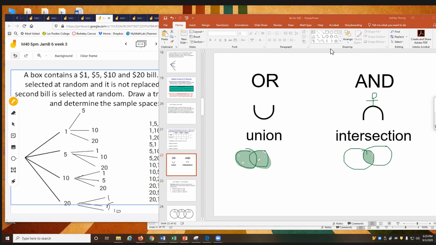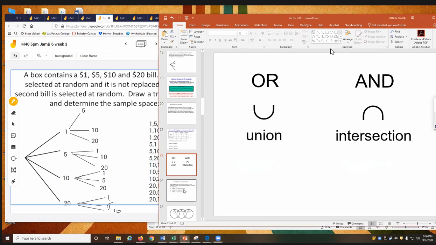But we have to subtract out, if you're counting all of this and then you're adding in all of that, the middle part is getting added twice. So you have to subtract off one of them, so you only count it once. But the union is all of that. Make sure people are clear on what these represent. Okay, good deal.